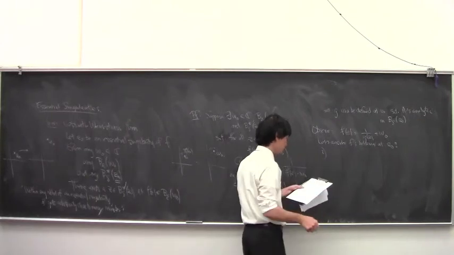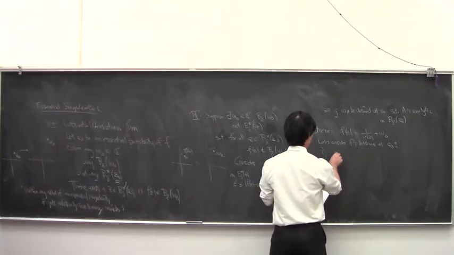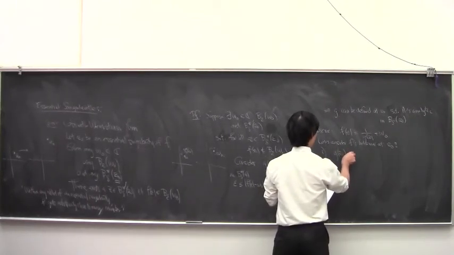So there are 2 possibilities. One is g of z naught is non-zero.